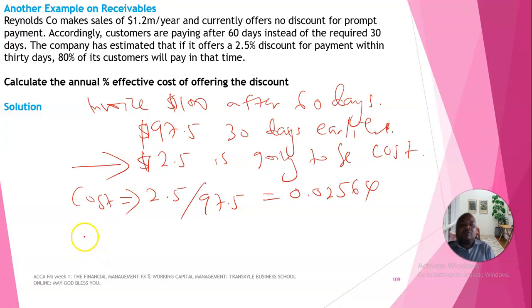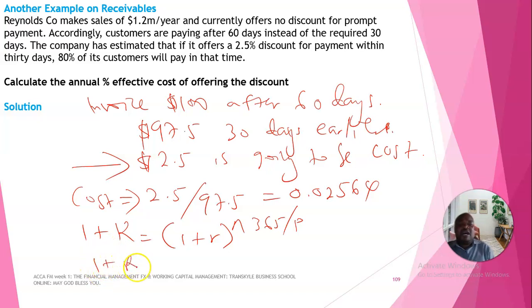which we will do using the same formula: 1 plus R is equal to 1 plus the periodic cost, to the power 365 over the days earlier, the P. In this case, they are 30 days earlier.